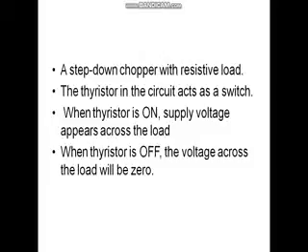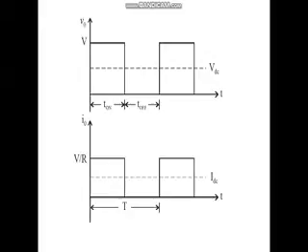When the thyristor is turned on by applying the gate supply, the input DC voltage appears across the load. By removing the gate voltage, the thyristor turns off. When the thyristor turns off, the voltage across the load will be 0. That is the basic concept.